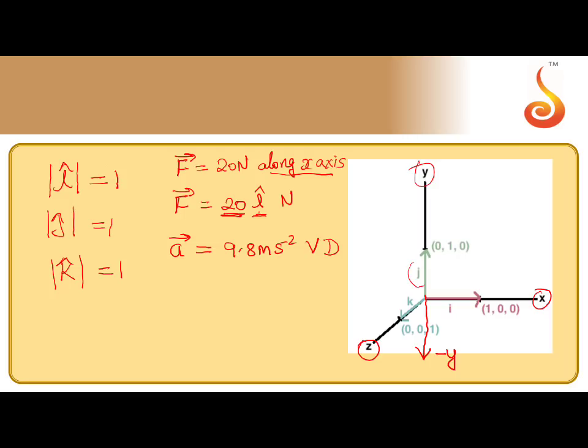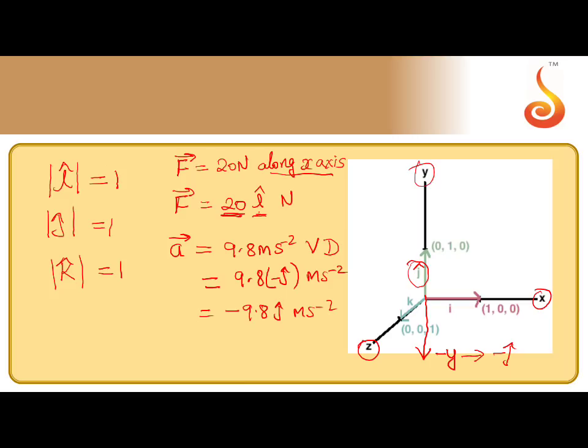Along positive y direction, j cap is the unit vector. So opposite to that direction will be minus j cap. So A vector can also be written as 9.8 minus j cap meter per second square. This is minus 9.8 j cap meter per second square.